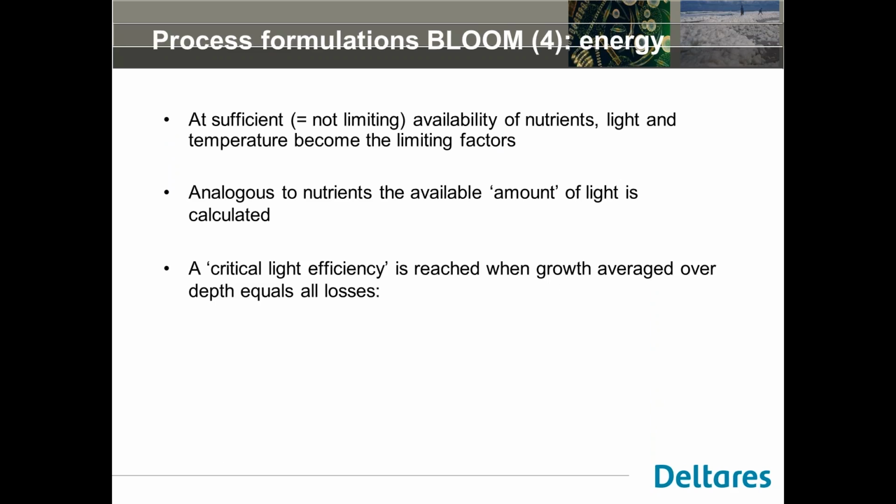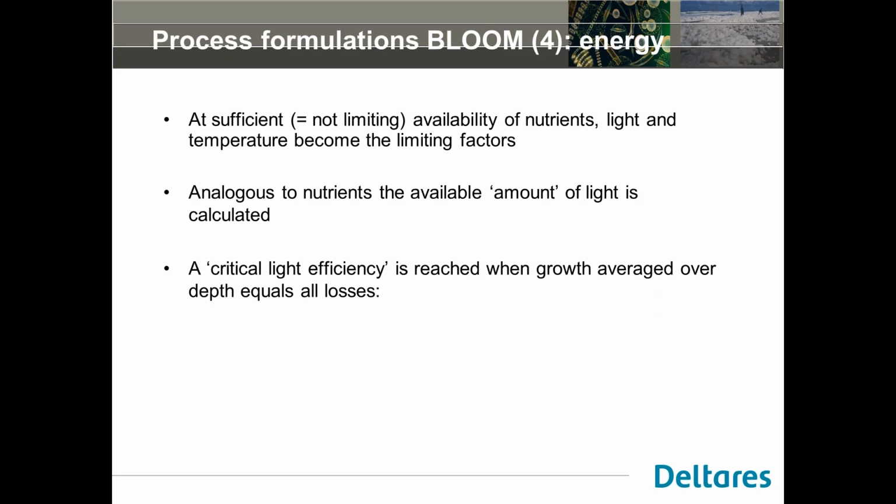I will now tell something about energy, so light. At sufficient, that is not limiting, availability of nutrients, ultimately light and temperature will become the limiting factors. And in analogy to nutrients, the available amount of light is calculated in the model.